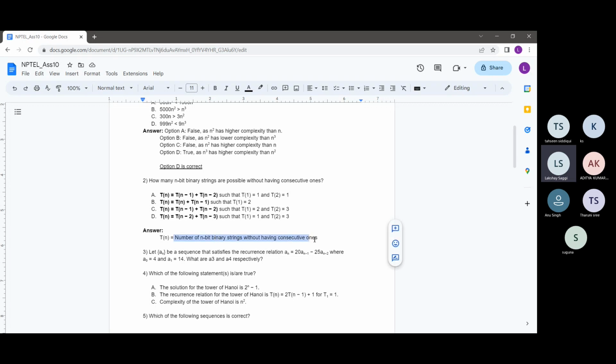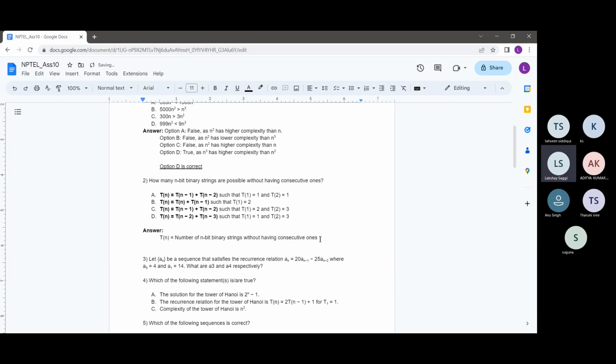Let's try to find out the basic cases, for example T of 1. What is the number of 1-bit binary strings without having consecutive ones? So what would be the value of T of 1, guys?